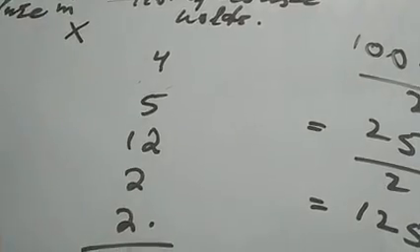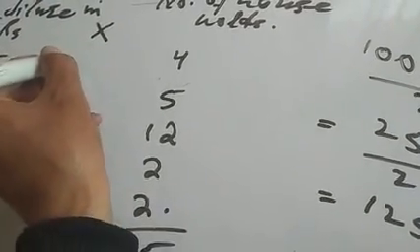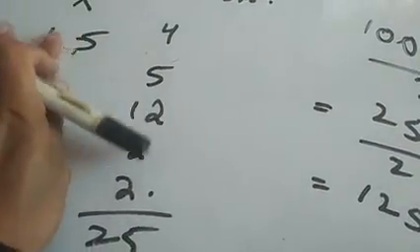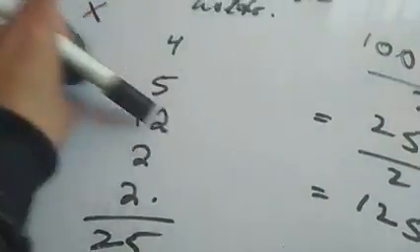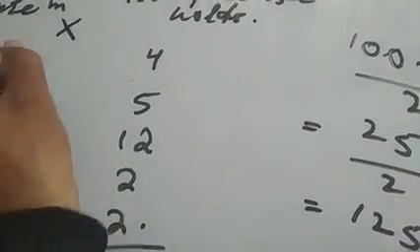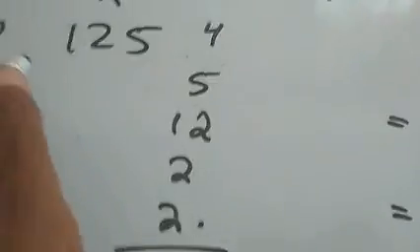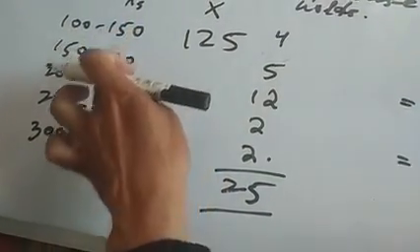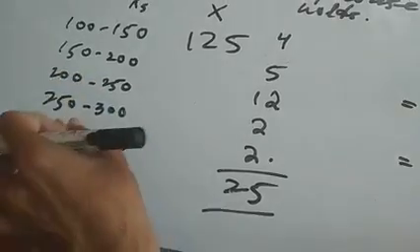So the first mid value of this is 125. As you can see, the class size is the same, that is 50.